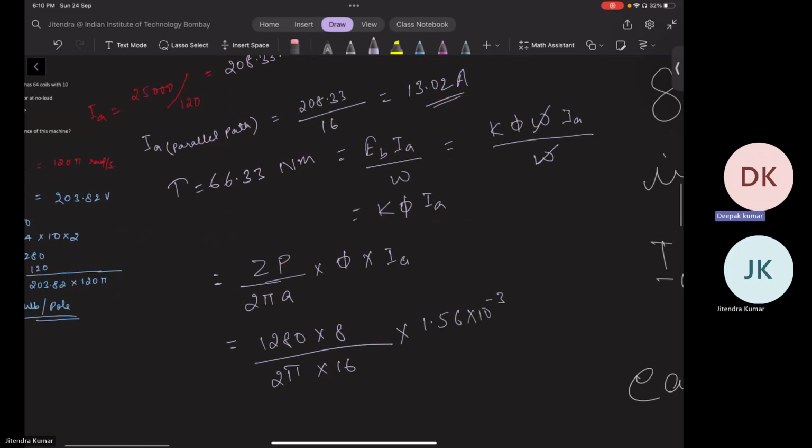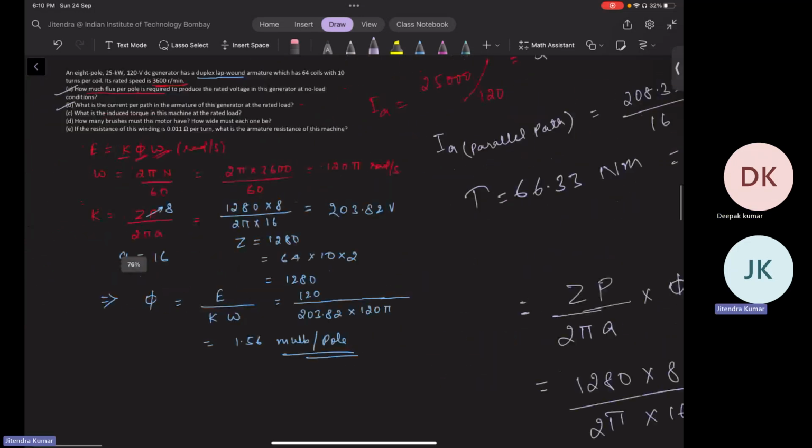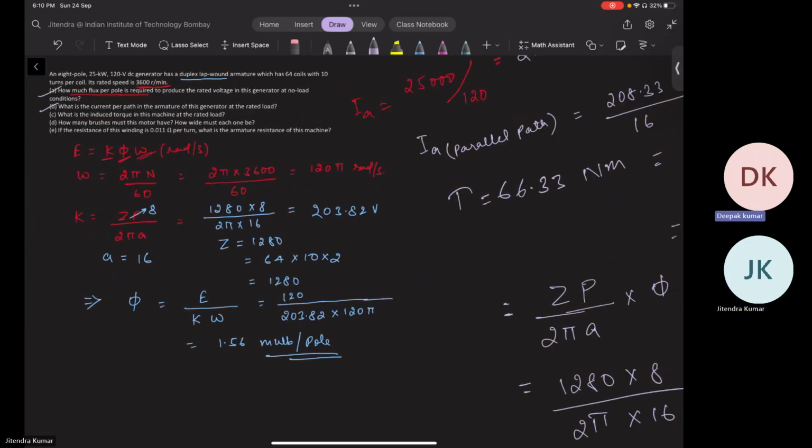Sir, I think this part was wrong. Which part? Sir, this flux. Flux, okay. How much is that? Sir, it is 3.125 milliweber. 3.125. Okay, let us check.